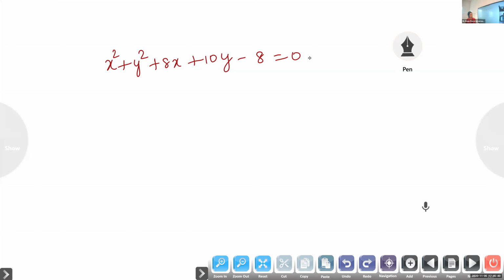What is the center and what is the radius? Listen, children. You all copied this question. What is the equation of the circle here? x square plus y square plus 8x plus 10y minus 8 is 0. We have to find the center and radius.